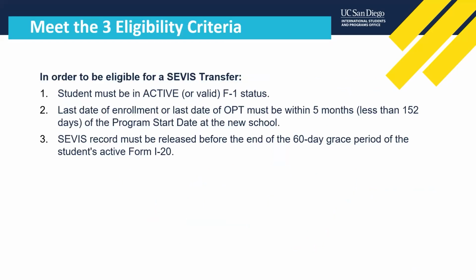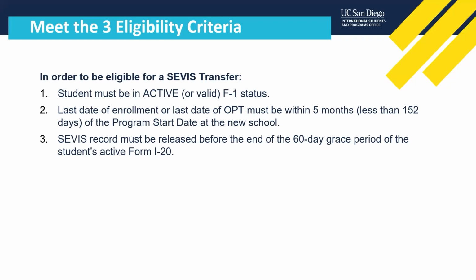So not everyone starting their program in fall 2023 is eligible for a SEVIS transfer. Even if you are currently in the US now or if you're maintaining your current SEVIS record in F1 status, you must meet 3 eligibility criteria in order to be eligible for a SEVIS transfer.